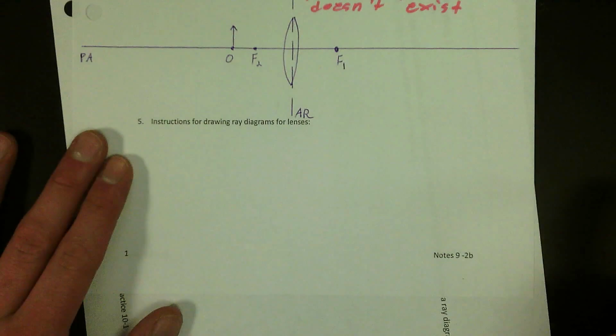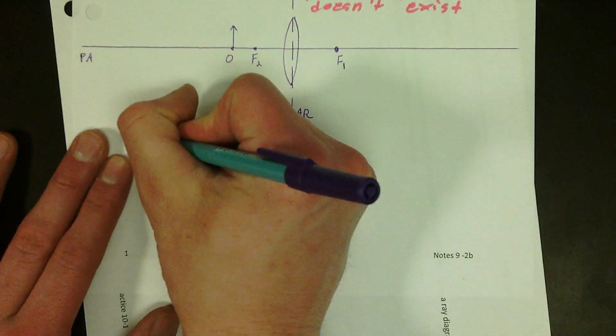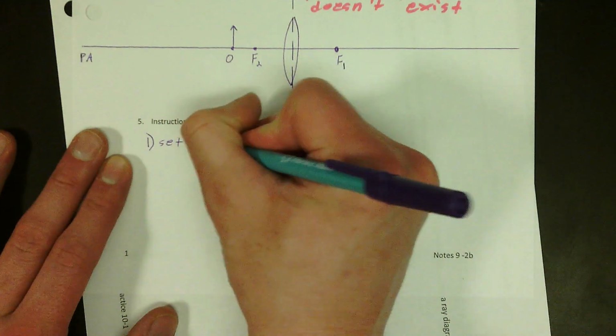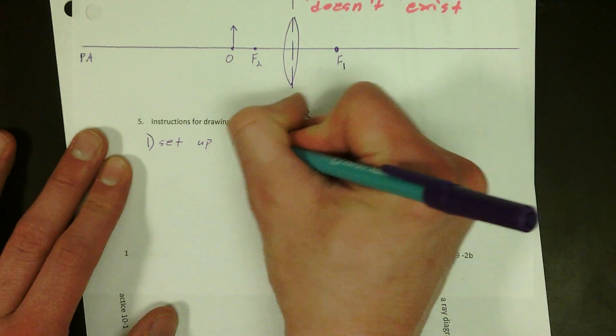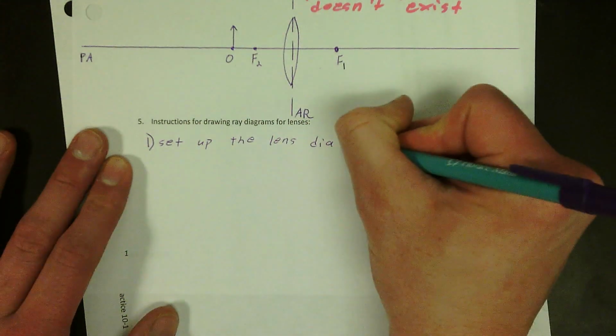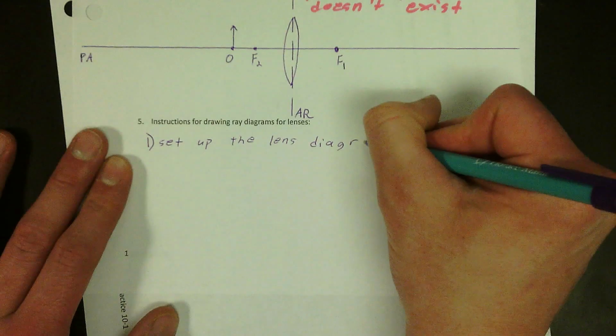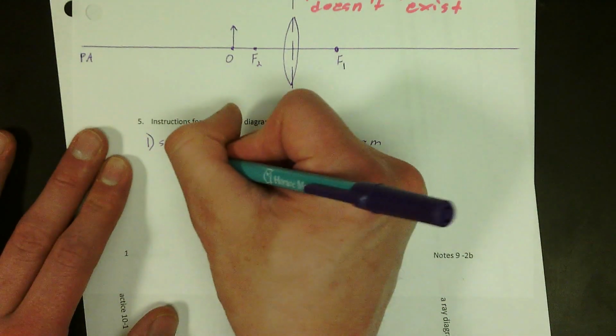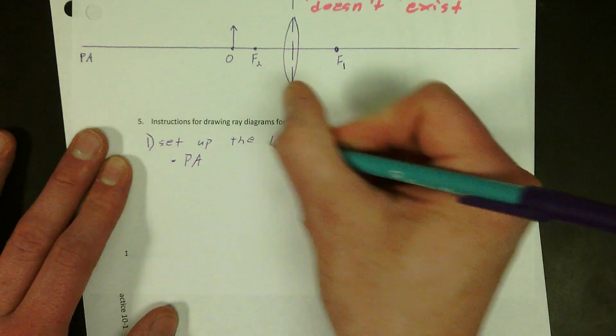So, instructions for drawing the ray diagrams for the lenses. Step 1, we just did. Set up the lens diagram. You're going to do the exact same things we did there. You're going to draw the principal axis.